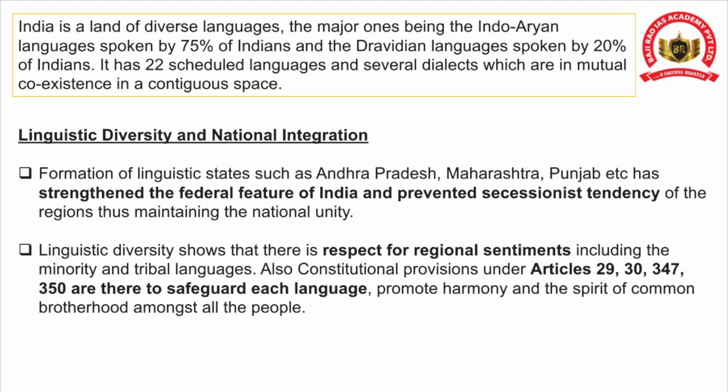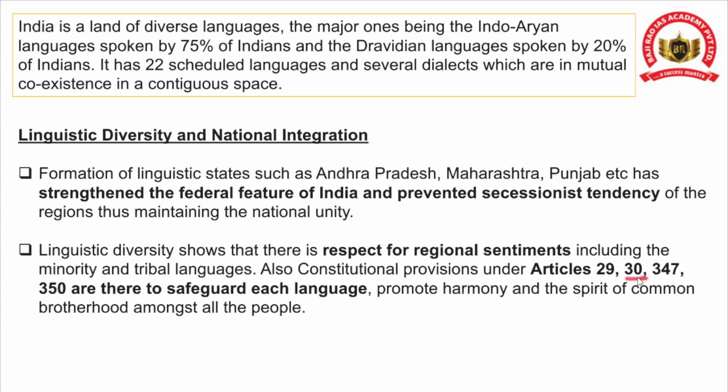In fact, there are several constitutional provisions which provide protection and safeguard the languages of those regions. For example, Article 29 talks about how whenever there's a minority, they have the right to protect their culture and their language.